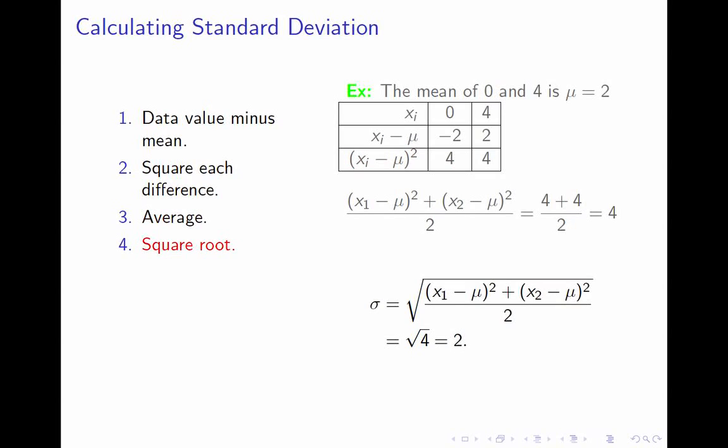So that's telling you the standard deviation of that data set, the numbers 0 and 4, is 2, the population standard deviation. That's supposed to be the typical distance of a data point from the mean. So, of course, the typical distance of 0 and 4 from 2 is 2. They're both distance 2, so that's reasonable. It is not a unimodal distribution since it has 2 data points.